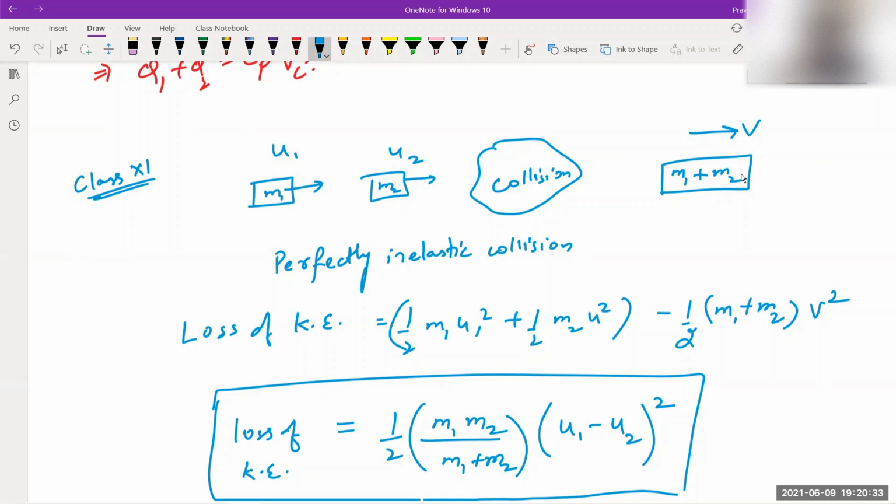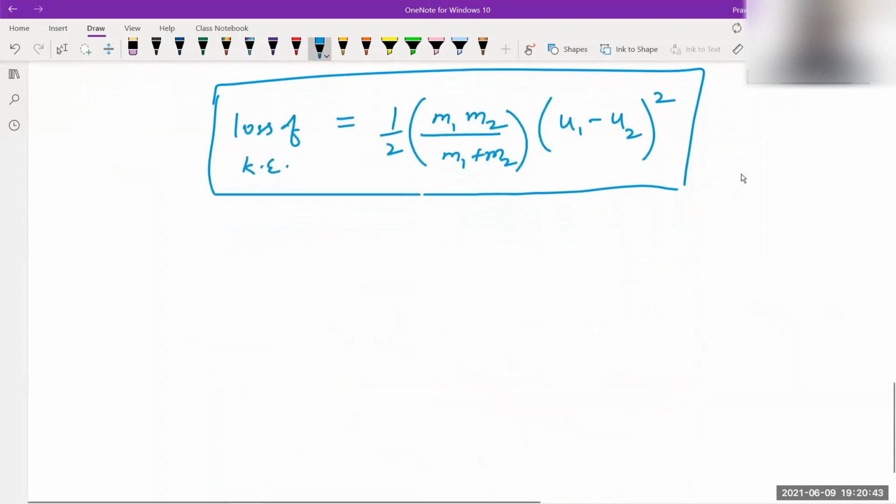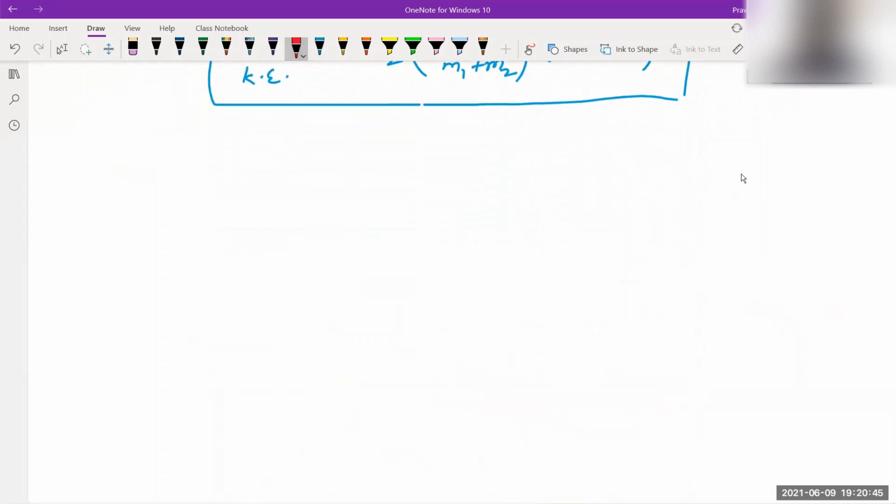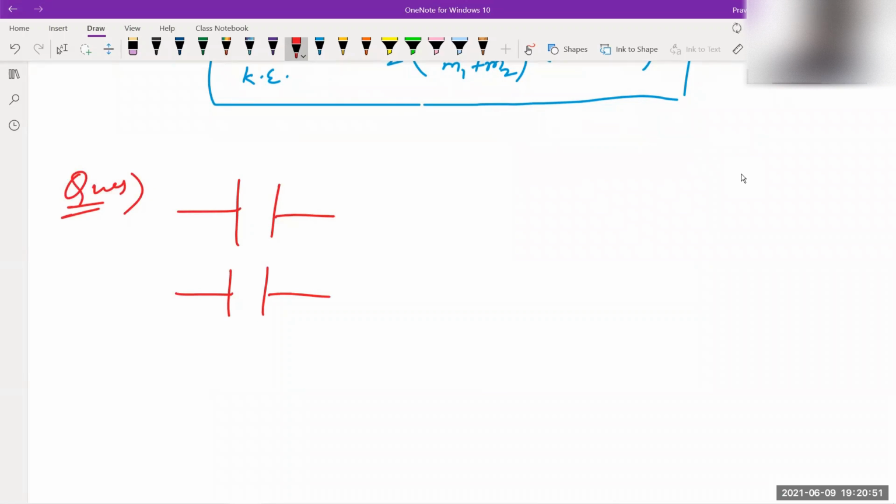Now here, the masses will be replaced by capacitors and velocities will be replaced by potentials. So a question for you: let's just say you have two capacitors. The first one is C1 charged to V1 potential.